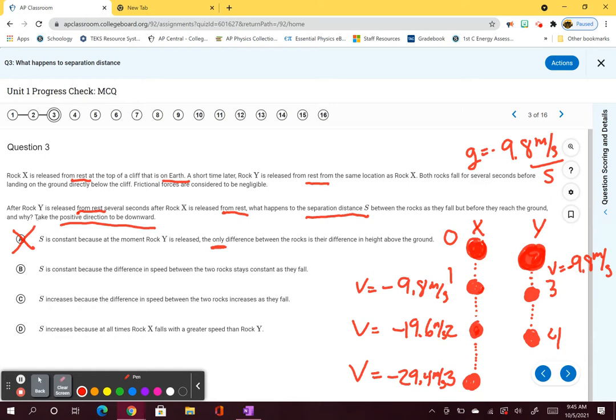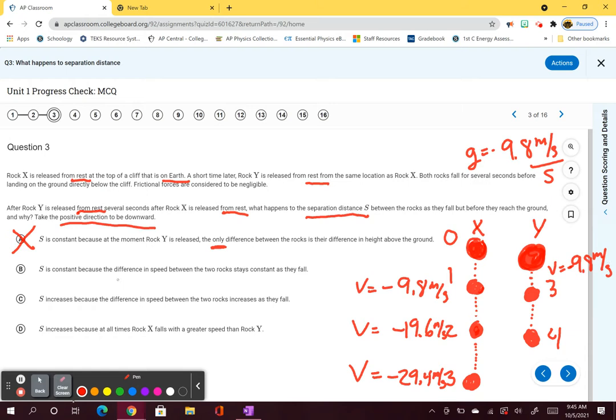B states S is constant because the difference in speed between the two rocks stays constant as they fall. Now that is something that you can check. If you do a little bit of math, 29.4 minus 9.8 and so on, you do see that the velocities stay constant because they're constantly changing at 9.8.